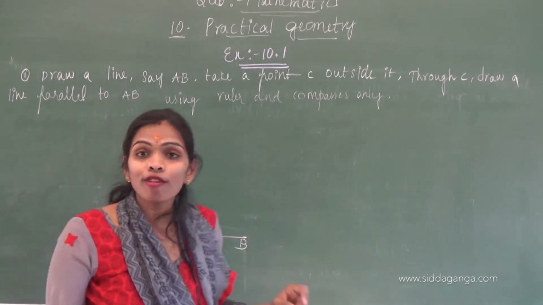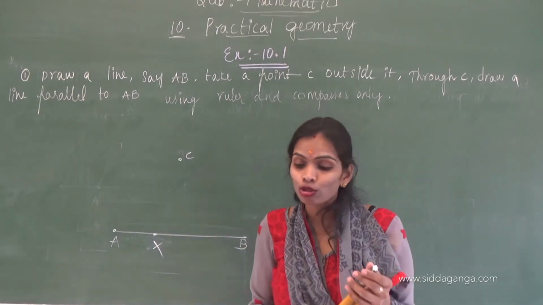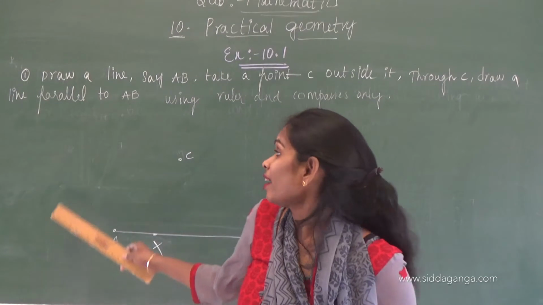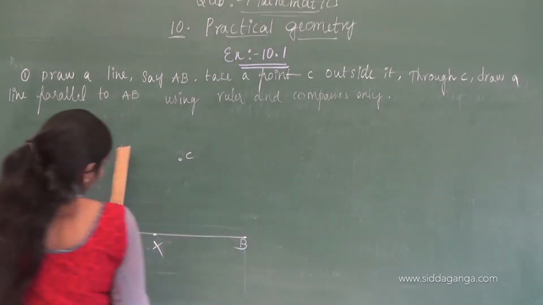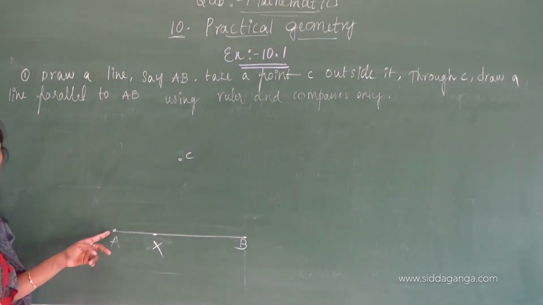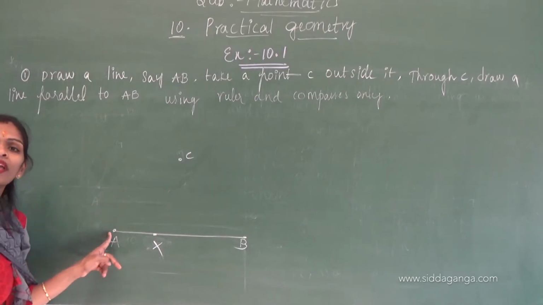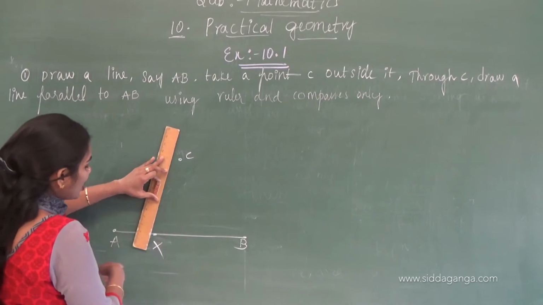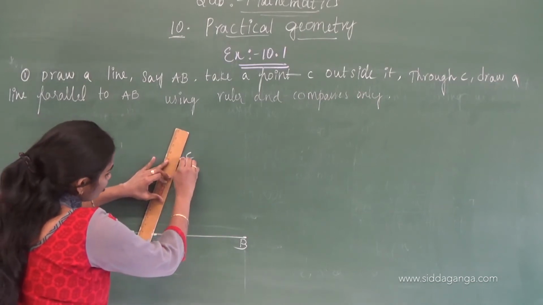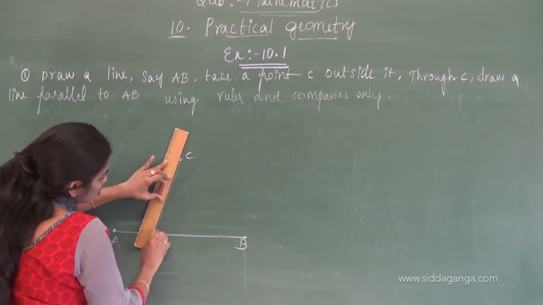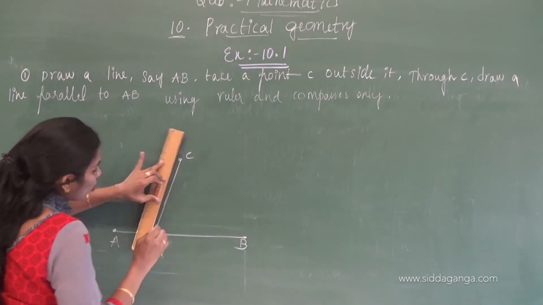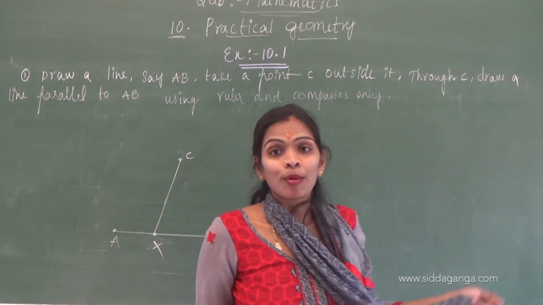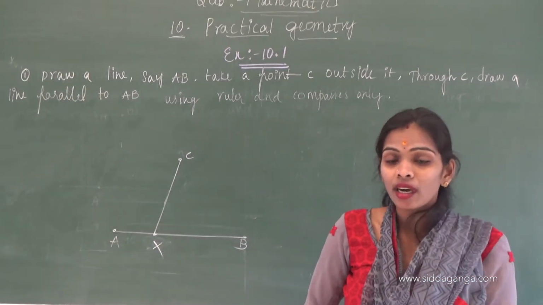After that, we have to join the point taken on AB and C. Otherwise we can take this one as the center and also draw the parallel line. To avoid confusion for you, how I did in the example problem, like that only I am doing here.